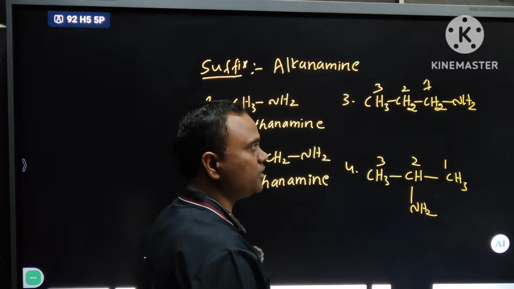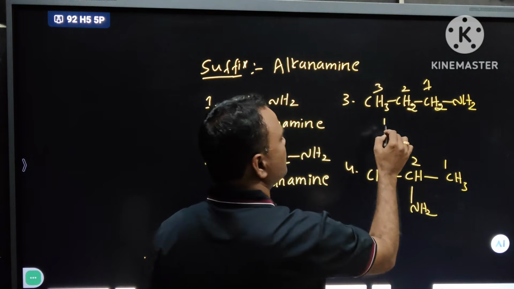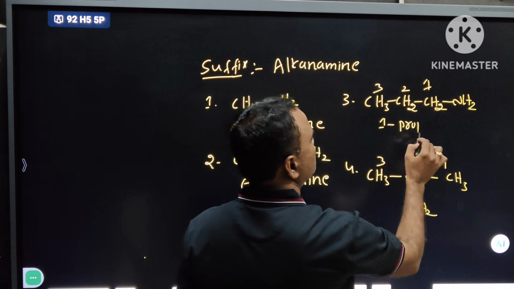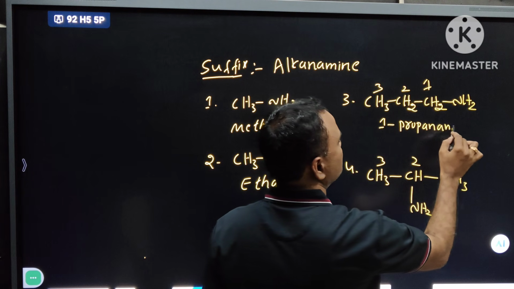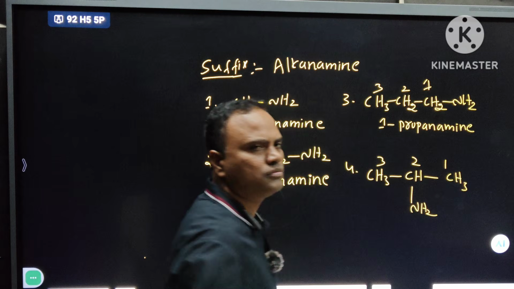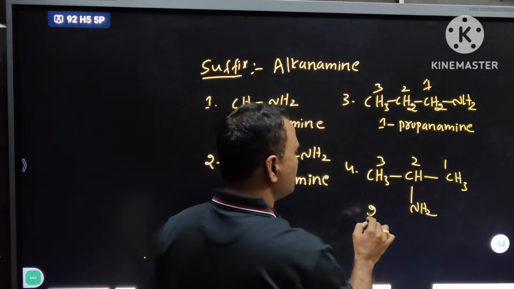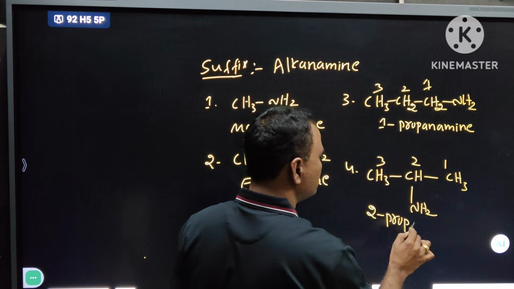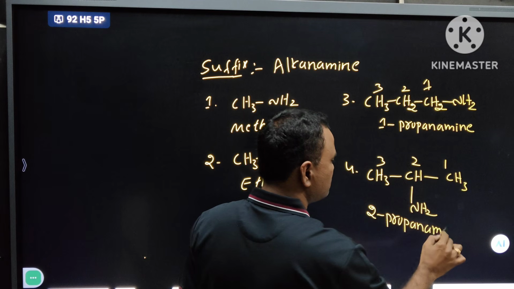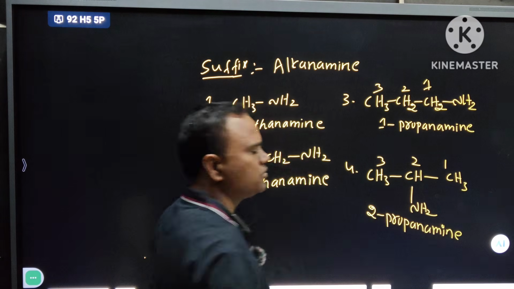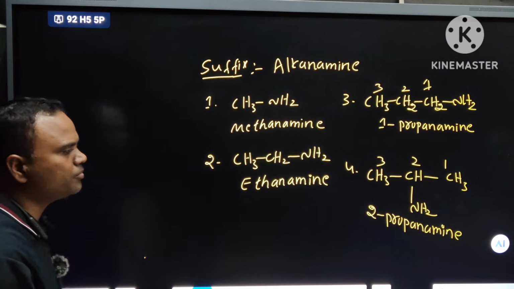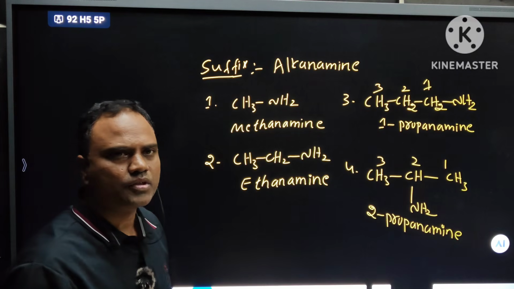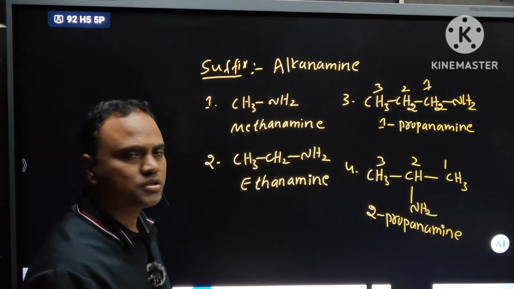Propan-2-amine or 2-propanamine. This is 1-propanamine. This is 2-propanamine. One propanamine, two propanamine. Okay, right? Clear?